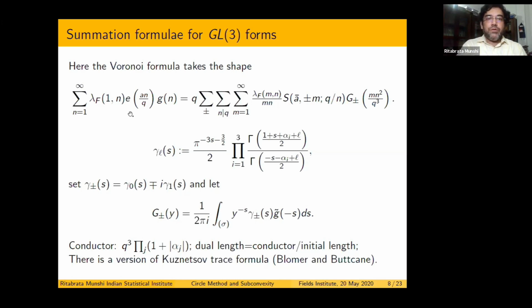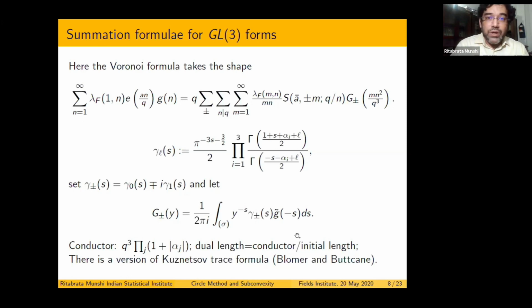If the initial length is, say, capital N, then the dual length, if you study the integral transform, you'll see that this part of the sum is actually supported in m n squared near the conductor, divided by the initial length.